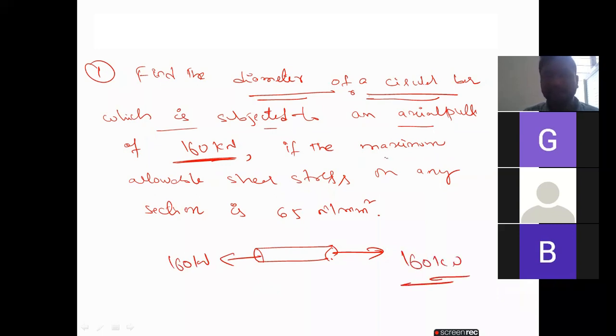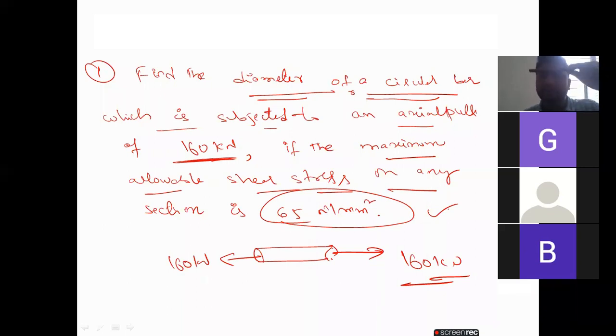And they have given the maximum allowable shear stress, 65 Newton per mm square, on the section.